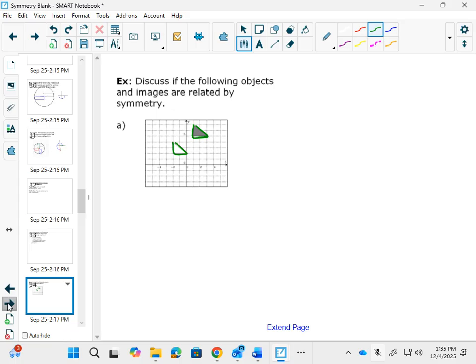So if I want to check rotation symmetry, I'm going to take one half of it. I think the center dot would be there. I'm going to take my circle out.